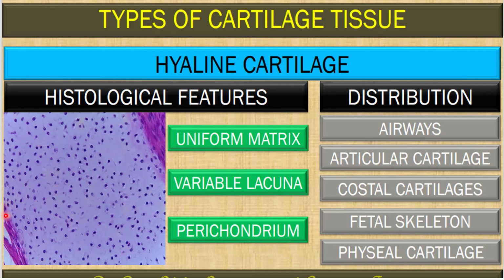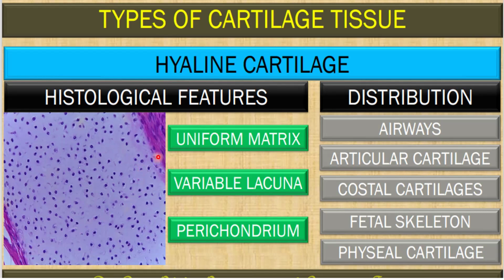Remember, the perichondrium has two parts: an outer fibrous part and an inner cellular part, as you can see here. Those are the two components of the perichondrium. So the histological features of hyaline cartilage are a uniform matrix, which is well distributed, variable size of lacunae, and the presence of perichondrium, which has two parts: outer fibrous, inner cellular.